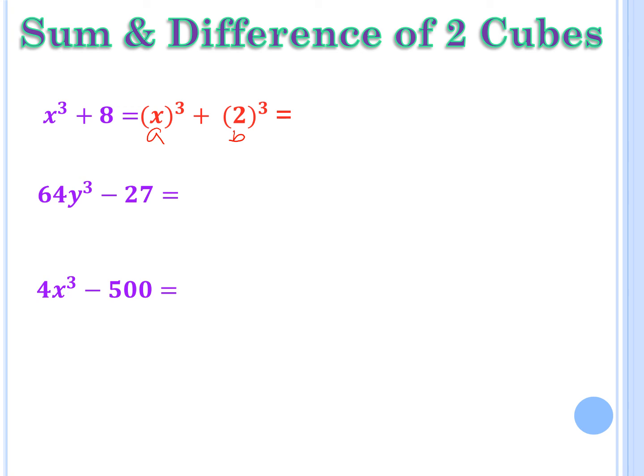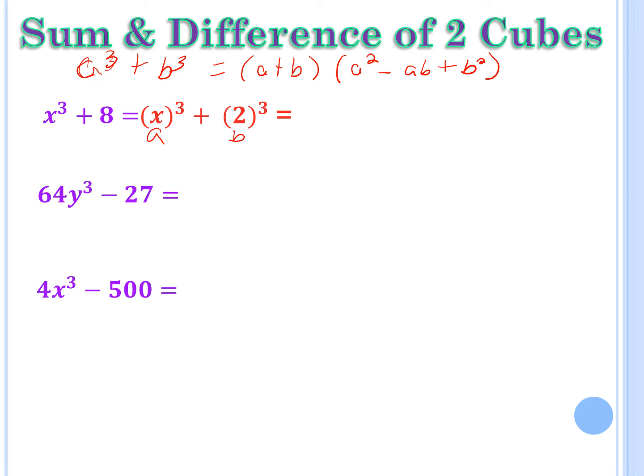So if you remember the formula, if it's a cubed plus b cubed, then the formula was a plus b times a squared minus ab plus b squared.